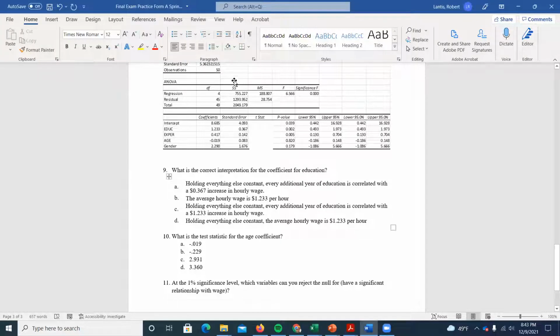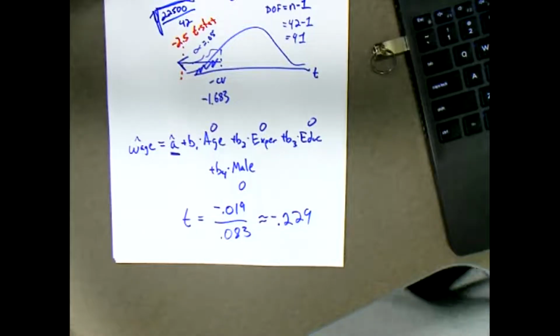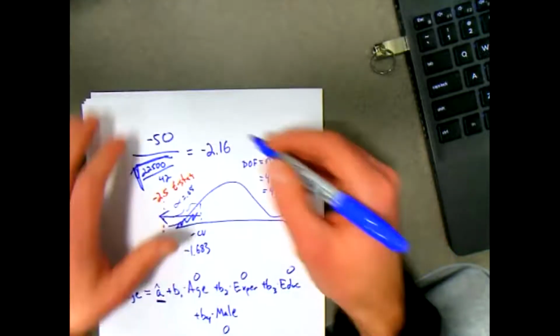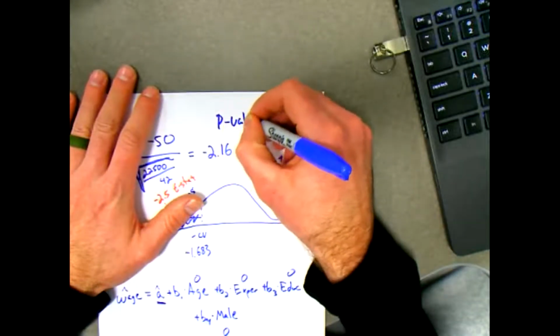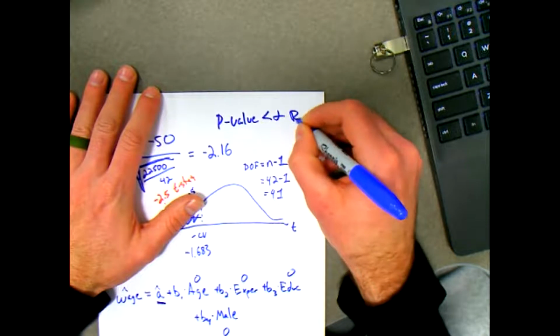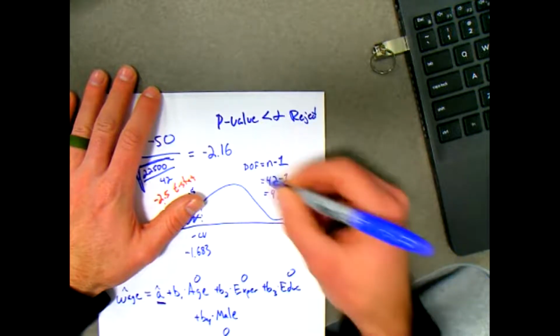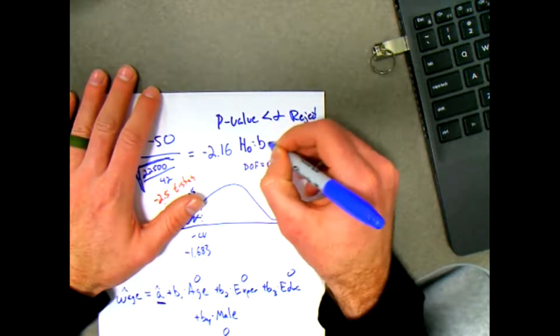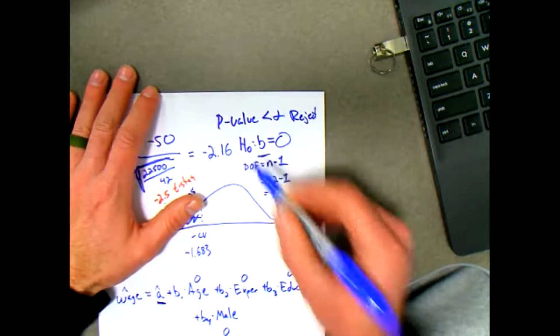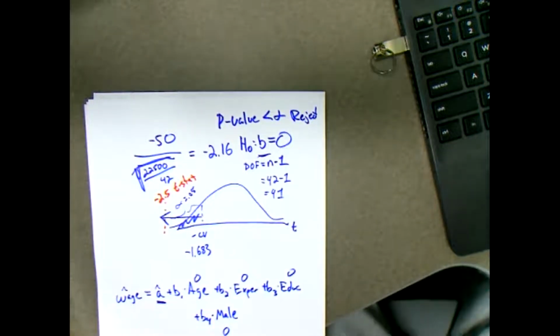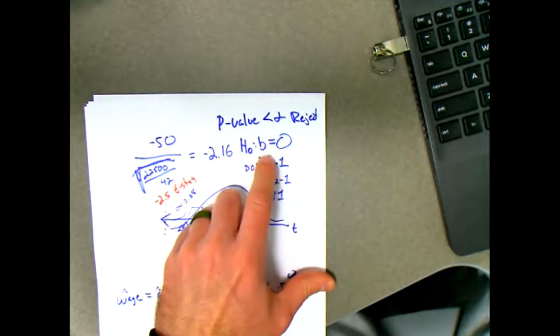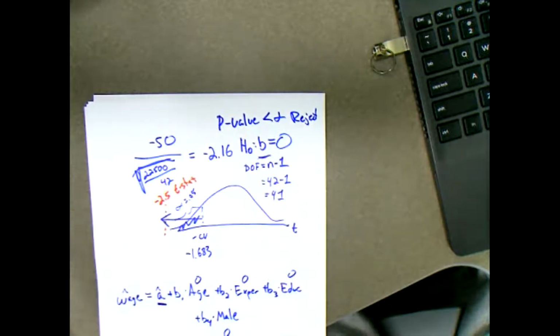So here, it's the same sort of process that we've been doing with hypothesis testing, which is if that p-value is less than alpha, I can reject the null, which the null here is that every slope coefficient is equal to 0. So if I can reject that the coefficient is 0, I'm really saying there's a significant relationship.